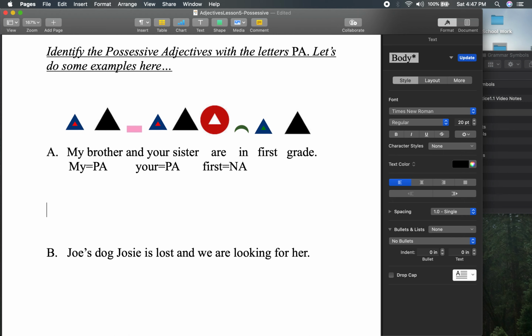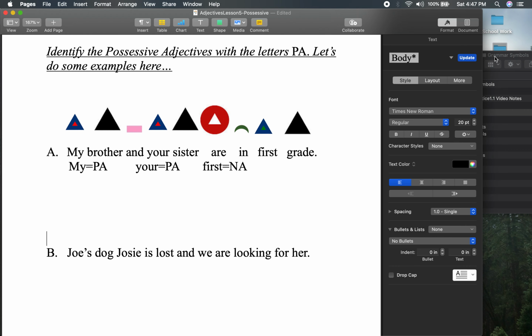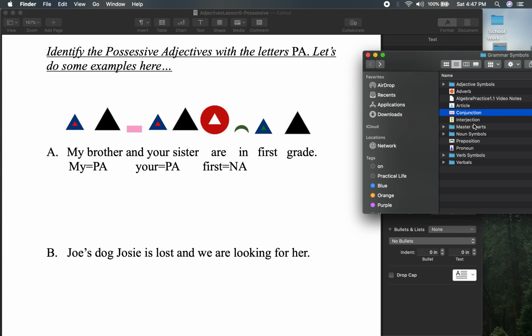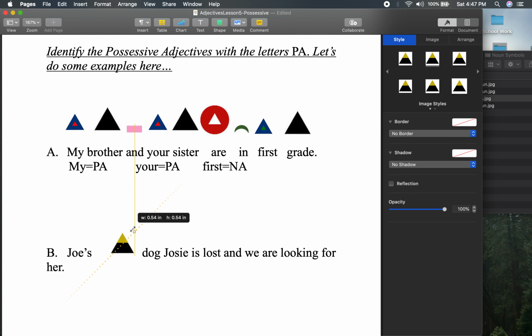Great, we did it. Okay, Joe's dog, Josie, is lost, and we are looking for her. Interesting. All right, let's start with the nouns. Well, we have Josie. There's only one issue here with Josie. Josie is not a regular noun. Josie is, in fact, a proper noun. So we've got to make sure we have the specifics.